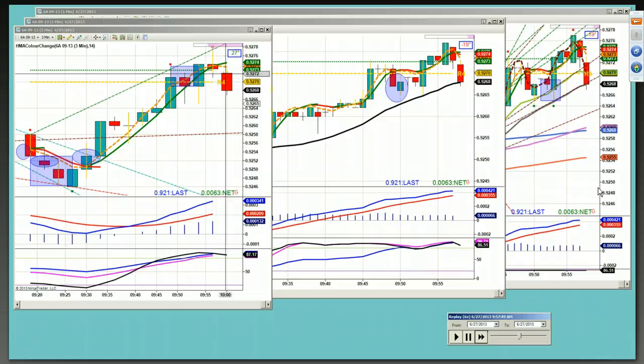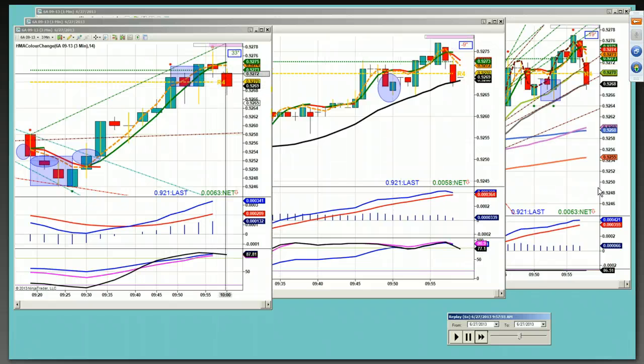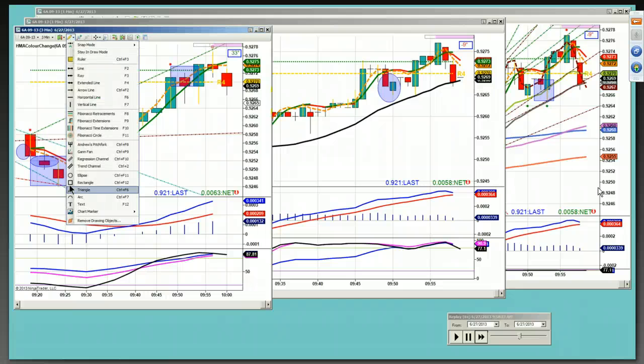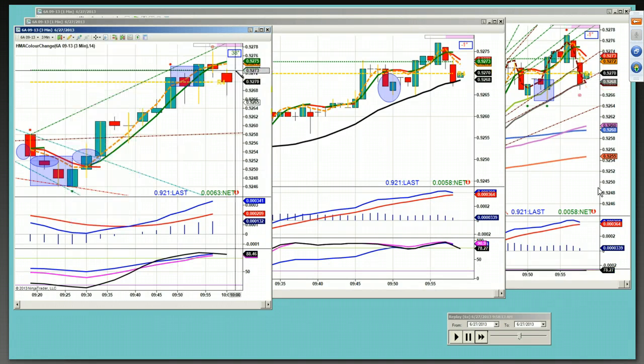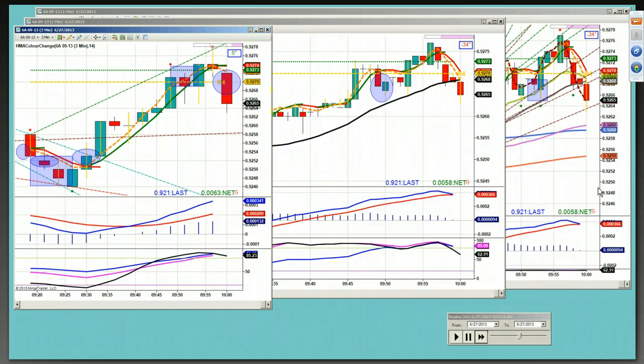But look at the 3-minute. Can you see the 3-minute is now south of the HMA? See the majority of the bottom. That's where I would be trading. Now look, what happens when that happens?